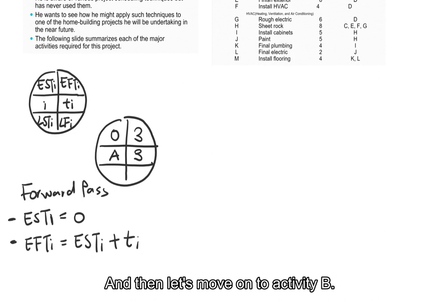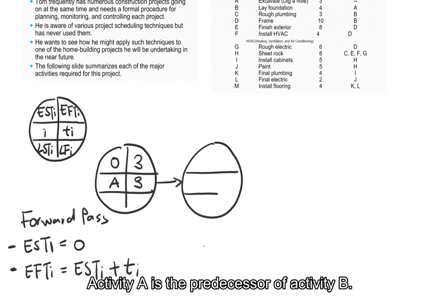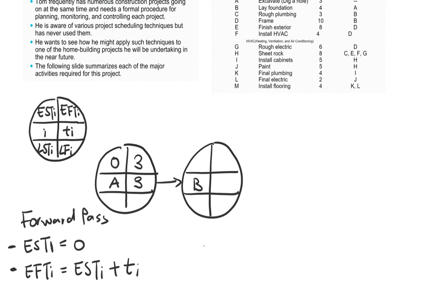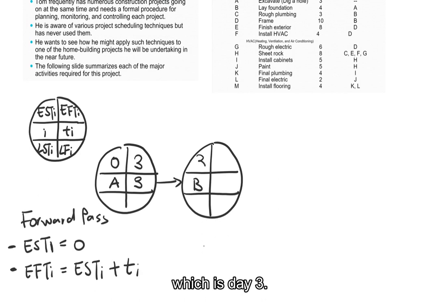Okay, and then let's move on to activity B. Activity B takes 4 days to finish. Activity A is the predecessor of activity B. And the earliest start time of activity B is the earliest finish time of activity A, which is day 3, so the finish is day 7.